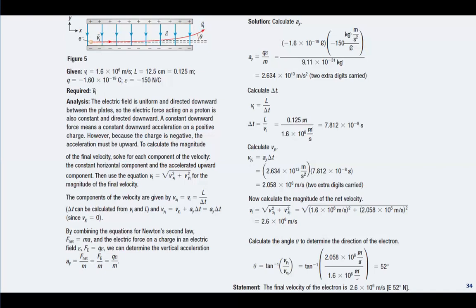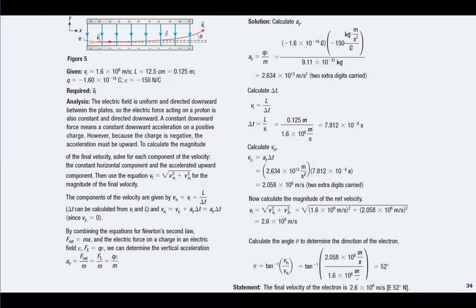As long as we can calculate acceleration due to the electric force, we can then determine the final velocity along the y-axis. Then use the equation Vf equals the square root of the x component squared plus the y component squared. Then we can find the magnitude of the final velocity.